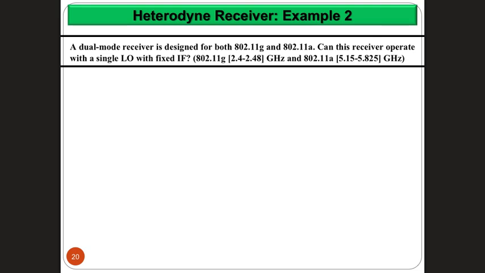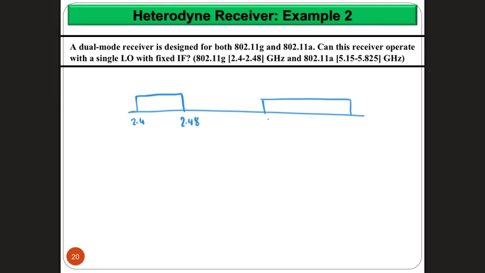So if you look at those bands, they span 2.4 up to 2.48. That's the G. And the other band is 5.15 up to 5.825. That's the 802.11a 5 gig band.